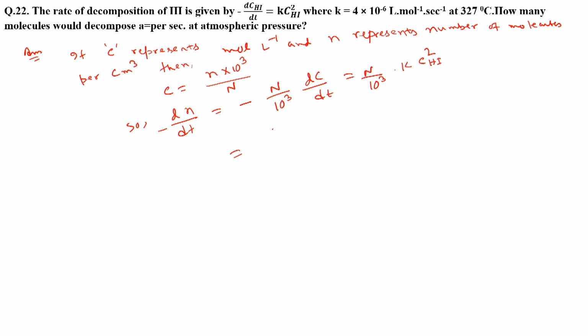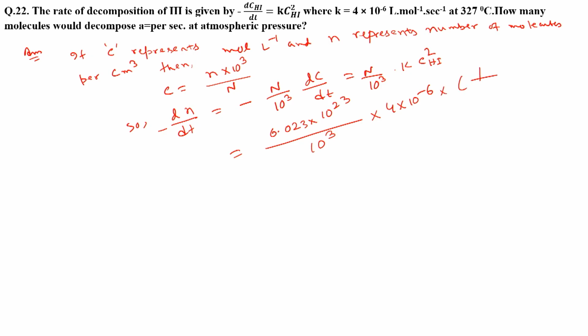So we write 6.023 times 10 to the 23, N is the Avogadro number we are using here, by 10 to the 3, times the value of k, 4 times 10 to the minus 6 liters per mole per second, and then the concentration of HI square.